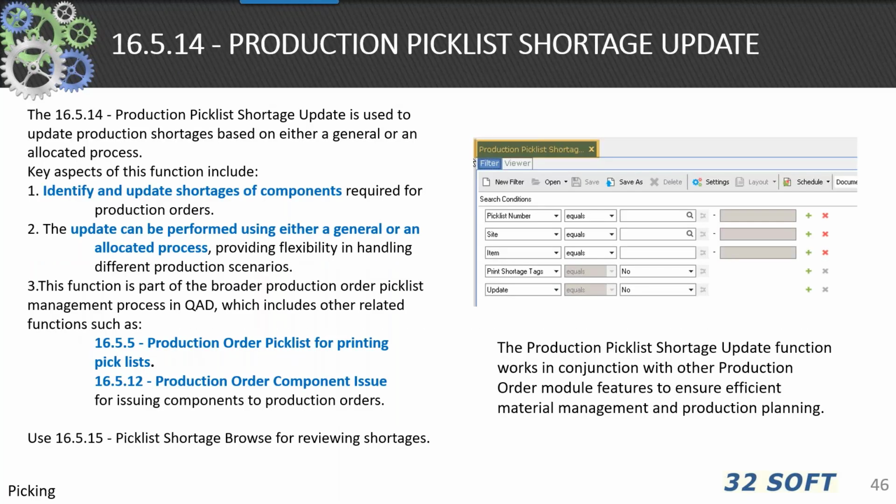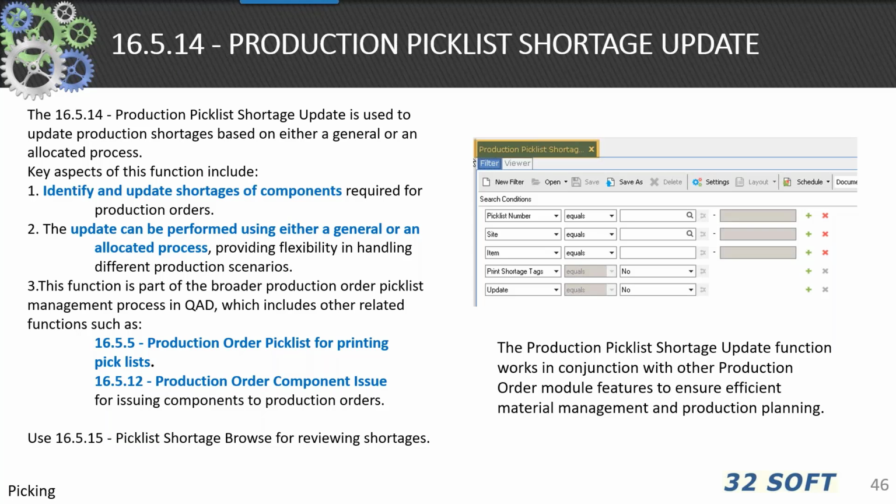The 16.5.14 production pick list shortage update is another great function. It is used to update production shortages based on a general or allocated process. The key aspects are you identify and update item shortages required for production orders.